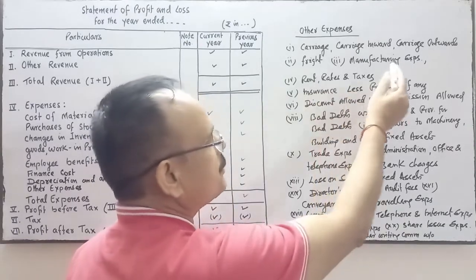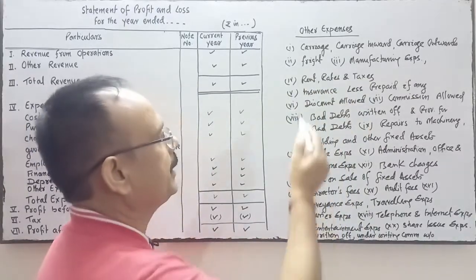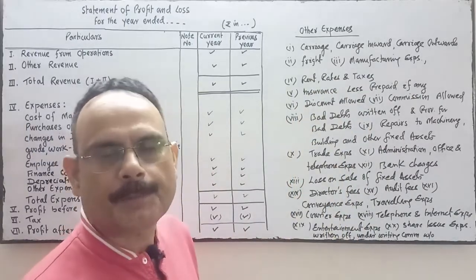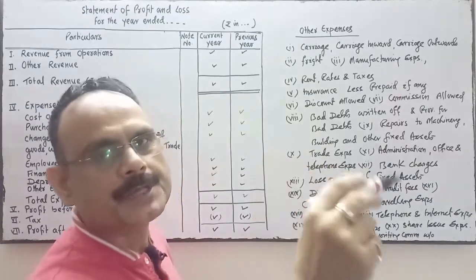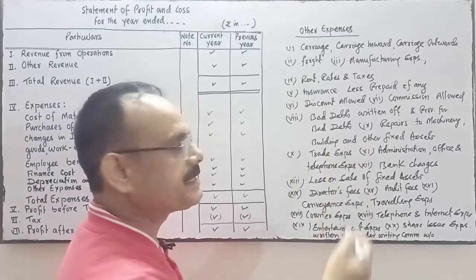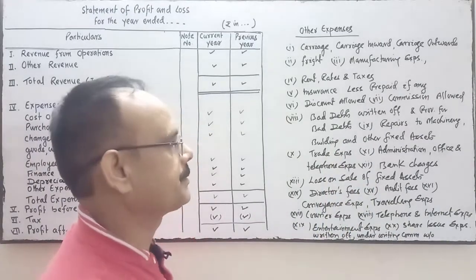Freight, manufacturing expenses, rates and taxes, insurance less prepaid if any, discount allowed, commission allowed, bad debts written off, and provision for bad and doubtful debts.